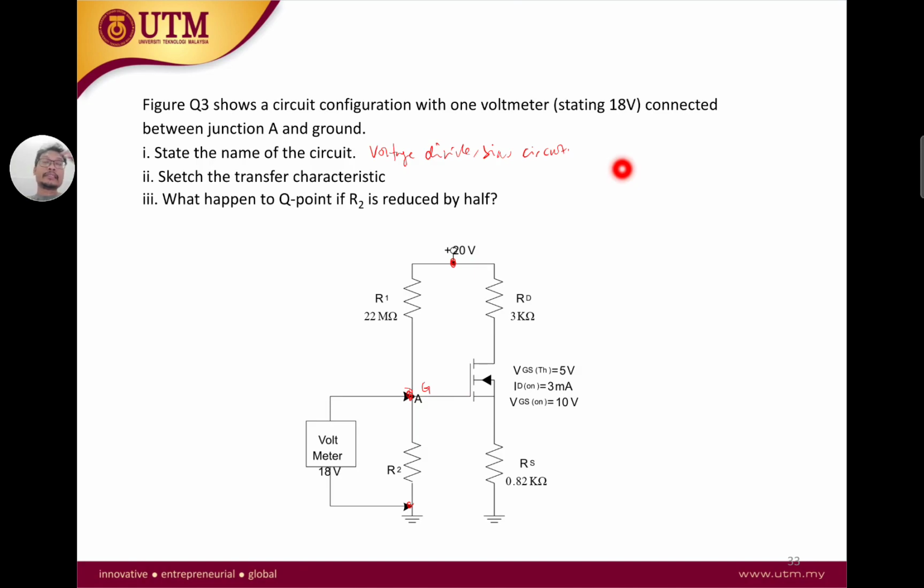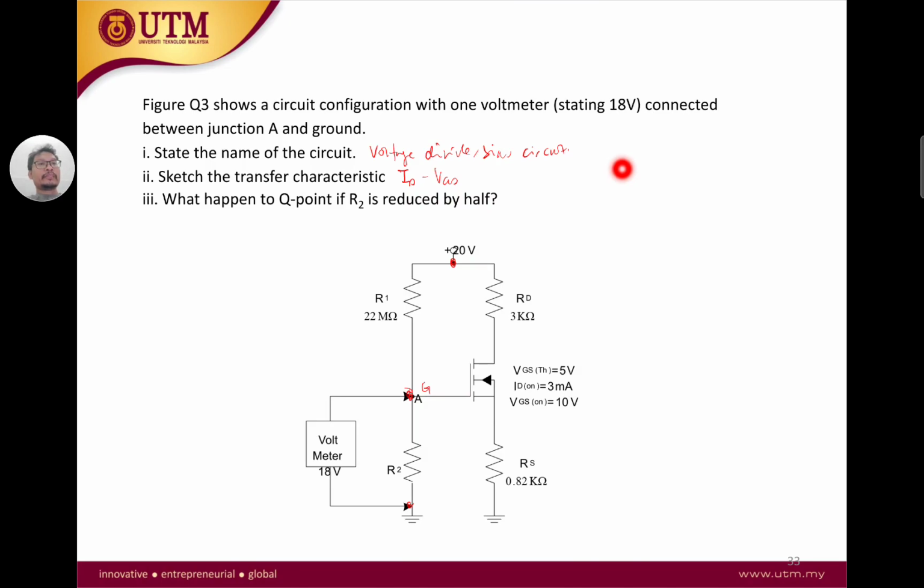So for the transfer characteristic, this is looking at the ID VGS curve, where we need to get the load line and also the exponential curve, the load line and the curve.